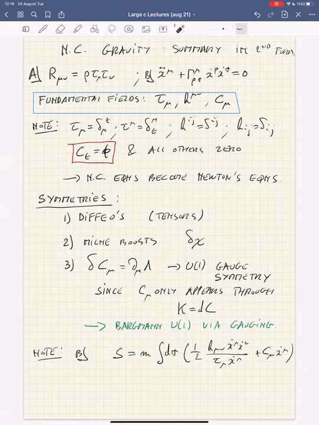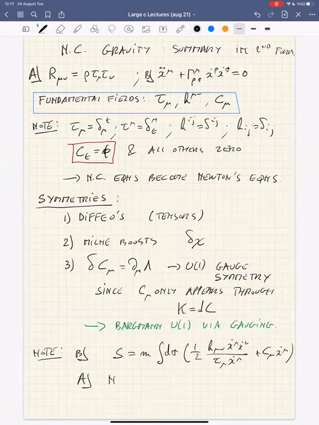It's invariant under all these symmetries, under boosts, under U(1), and under diffeomorphisms, and additionally it has reparameterization invariance as well. So it's a very nice action. If you vary this action, then you end up with these equations of motion. So that's great, the particle equation has a Lagrangian formulation.